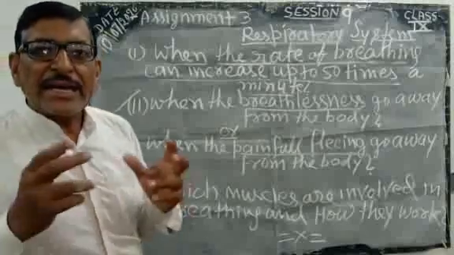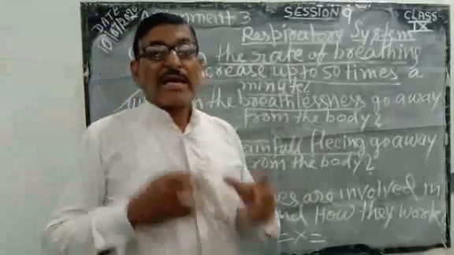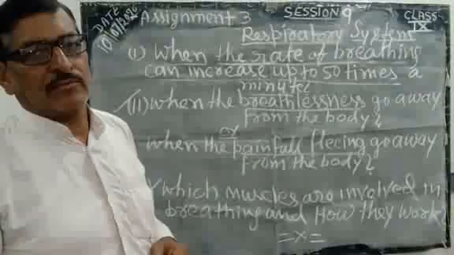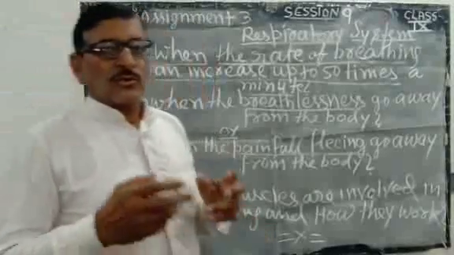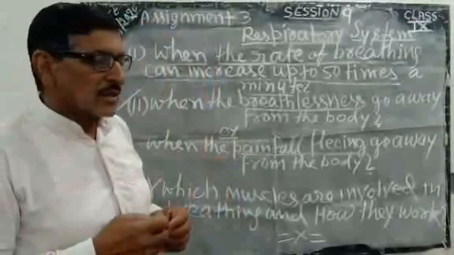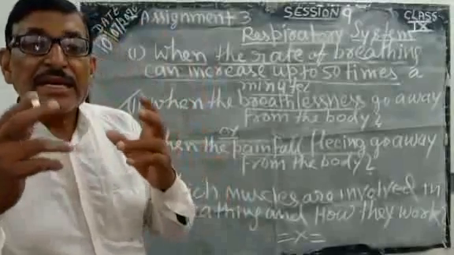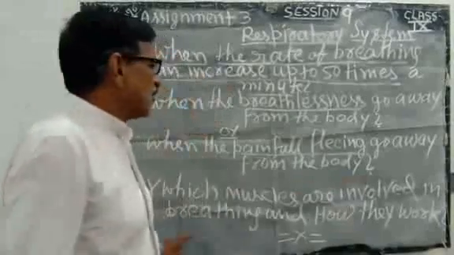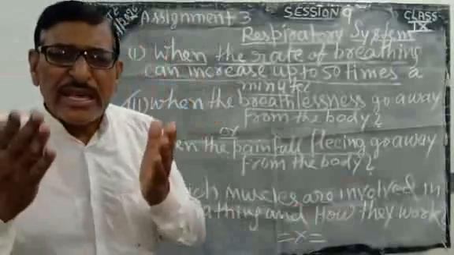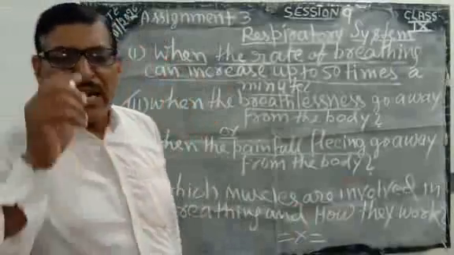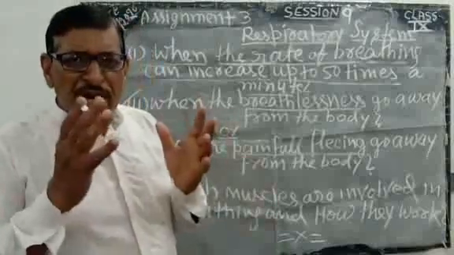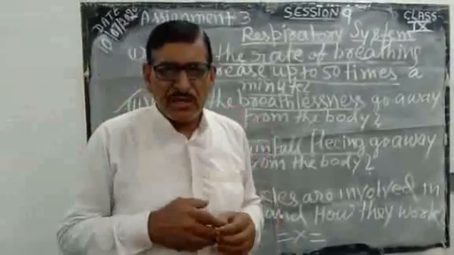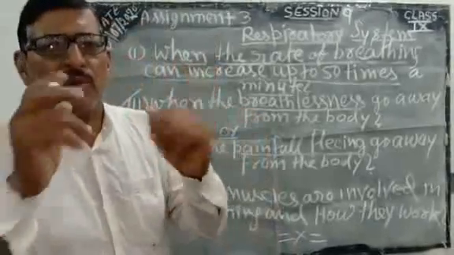So, children, the lungs and air sacs. An air sac is also known as an alveolus. So we can say the lungs and air sacs are involved in breathing with the help of alveoli. In the alveoli, carbon dioxide diffuses from the blood and oxygen diffuses into the blood.